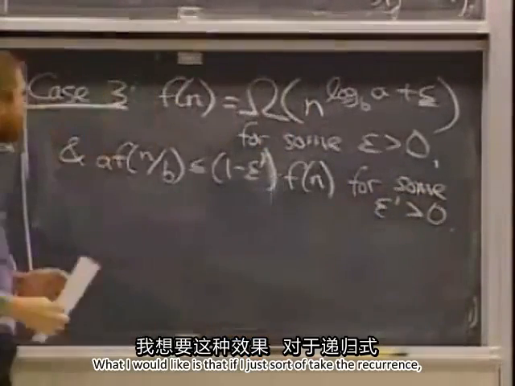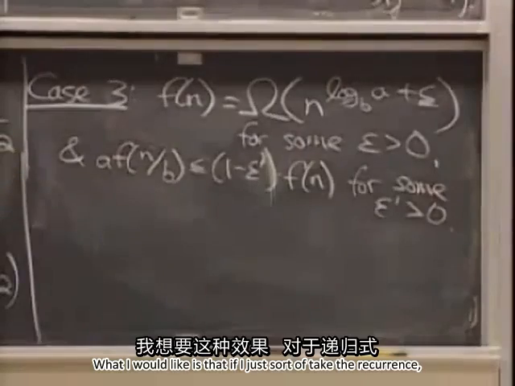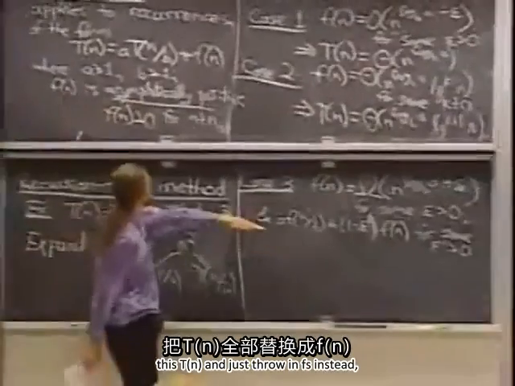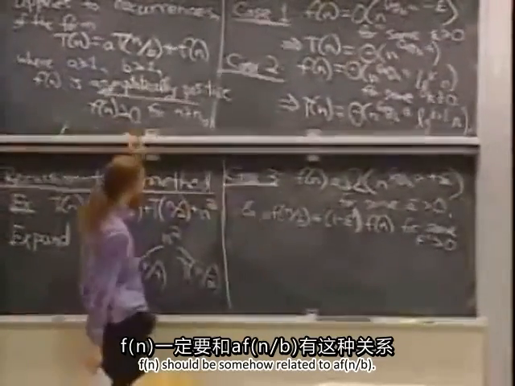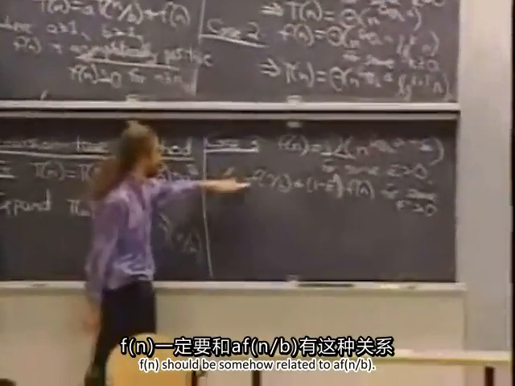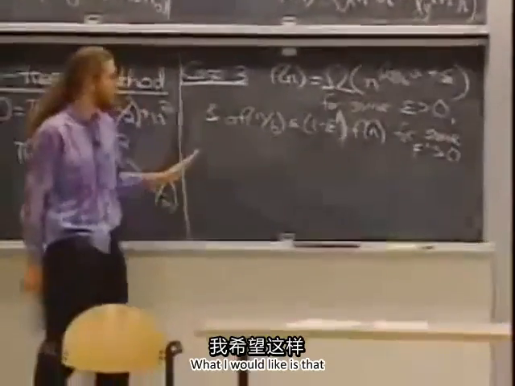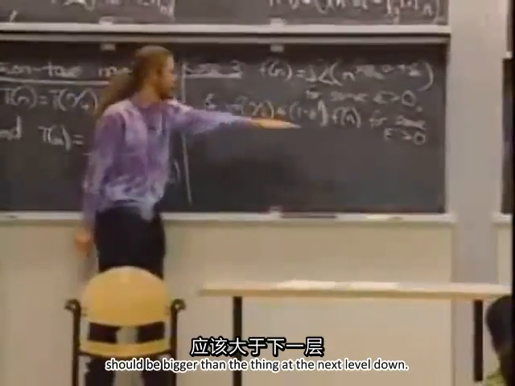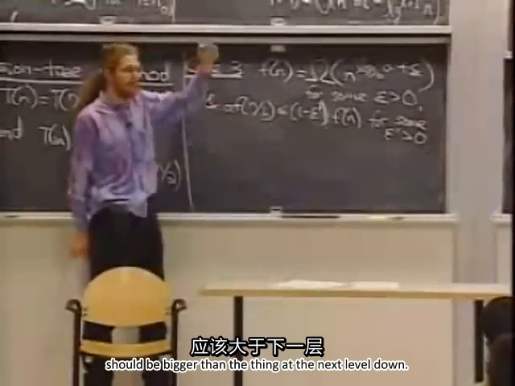So what I'd like is that if I just take the recurrence, this T of n, and throw in f's instead, f of n should be somehow related to a times f of n over b. What I'd like is that f of n, which is at the top of the recursion tree, should be bigger than the thing at the next level down.